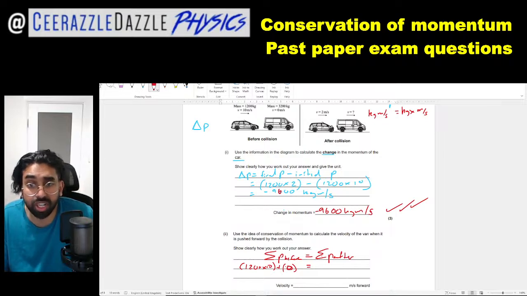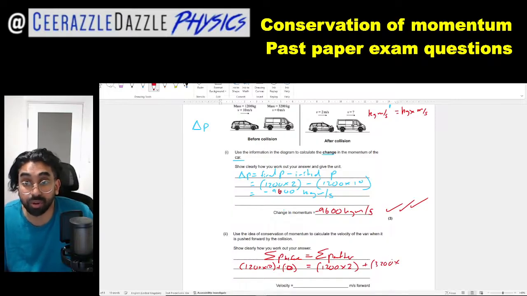The car hasn't changed its mass, so it's still 1200 times 2, because the final velocity of the car is 2. But the momentum of the van we don't know, so we put plus 3200 times the velocity, which we don't know. We're going to leave it as v.